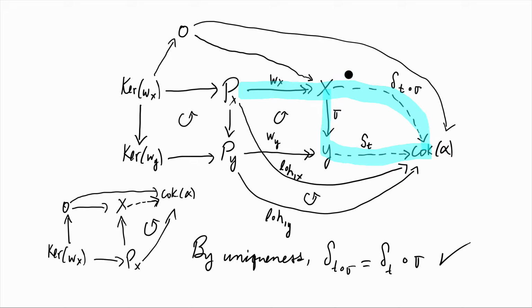Okay, by the uniqueness of that, this direction and this direction will be the same. So by uniqueness, we get the commutativity that we were after, and all the other ideas we were mentioning fall into place.